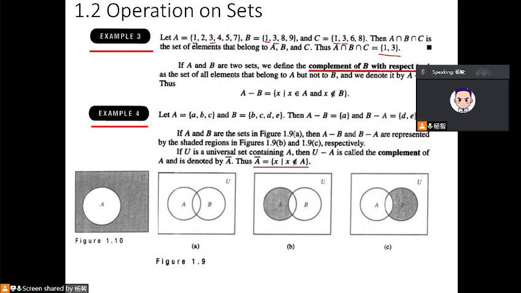Now we learn another important notion about two sets. Look at paragraph 2.